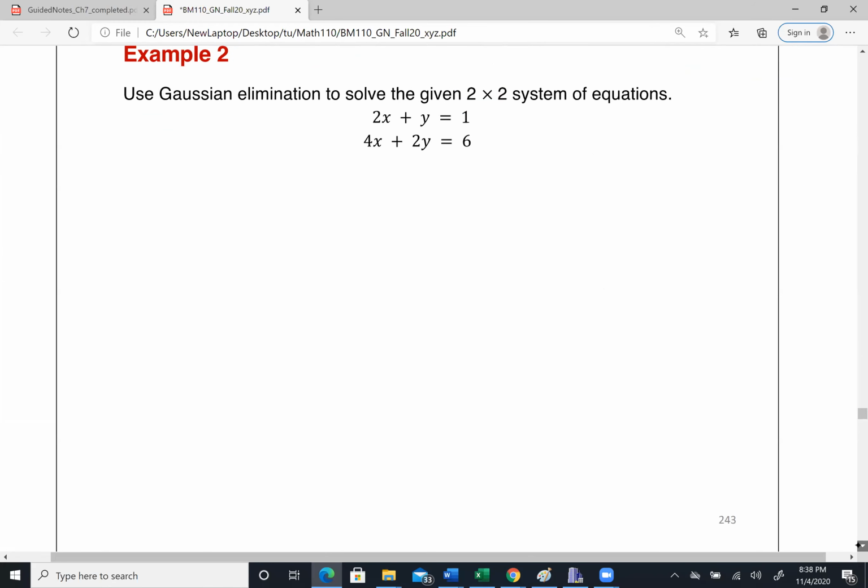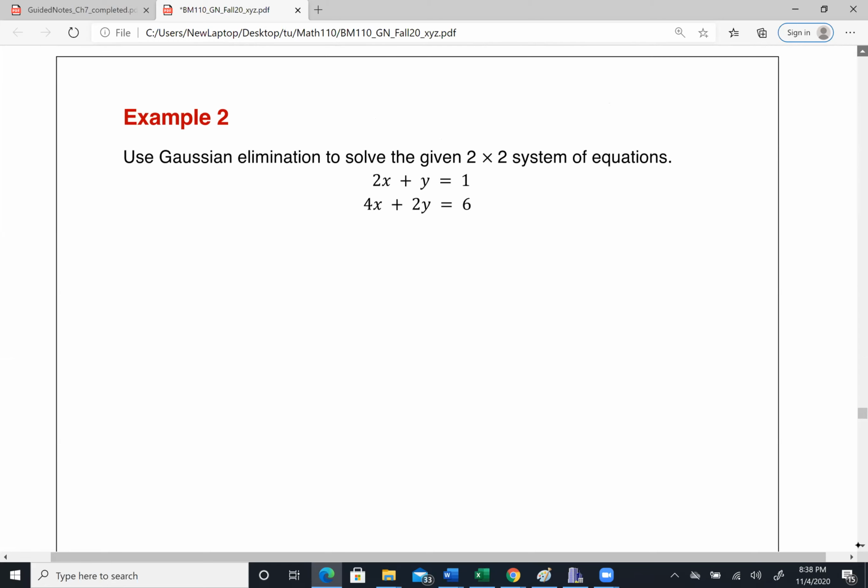So similarly, we're gonna do example 2 here. Firstly, I would like to make it the 2 by 2 augmented matrix: 2, 1, 1, 4, 2, 6, and then a dash in the middle. Okay. So I want to have 1 for the A11 here, right?